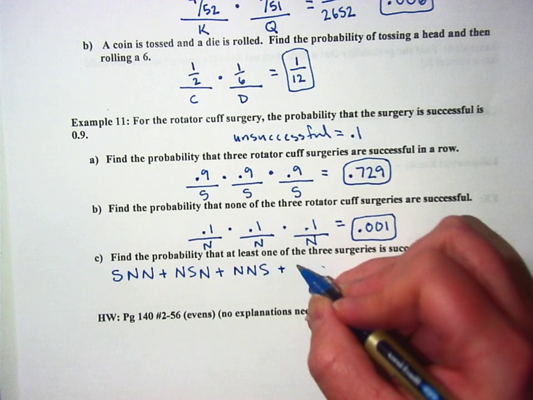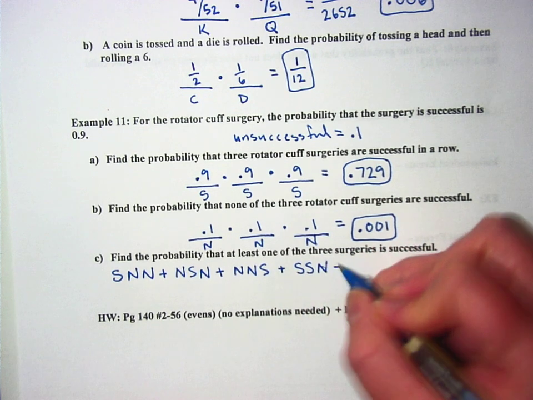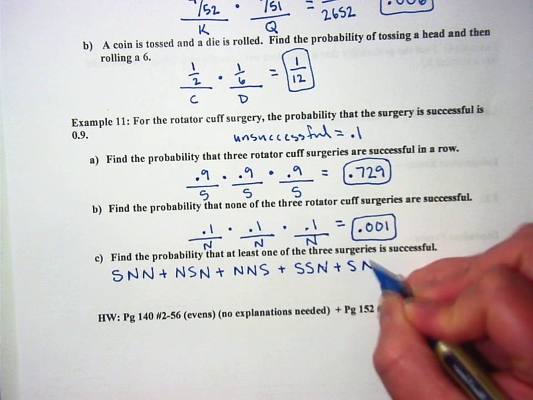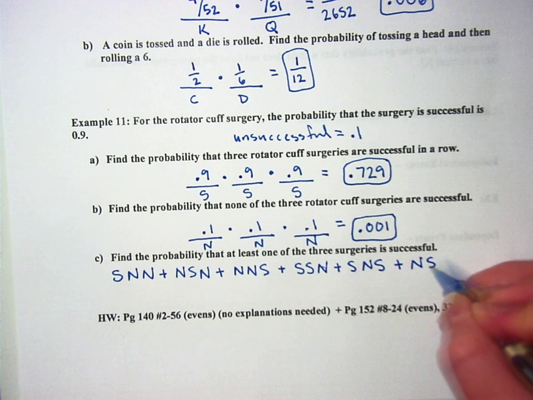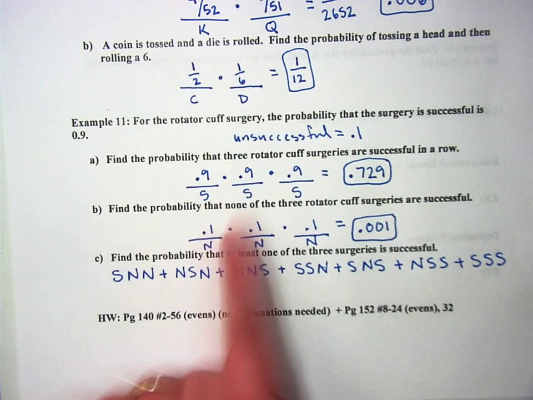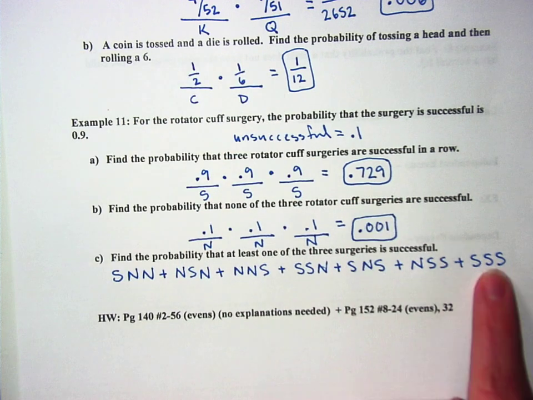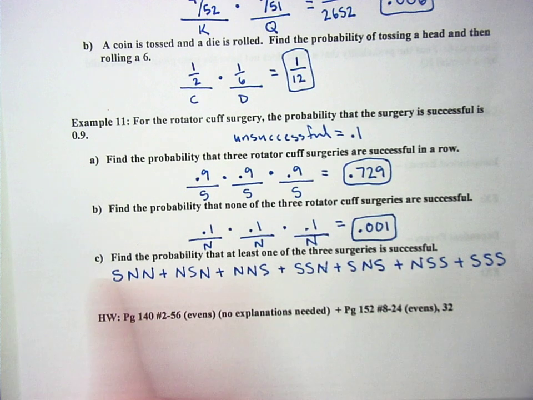Plus, I'd have to find the probability that 2 are successful and 1 is not, or the first is successful, the second isn't, the third is successful, or vice versa. Or that all 3 of them succeeded. And we'd have to do all of those maths together to figure it out.